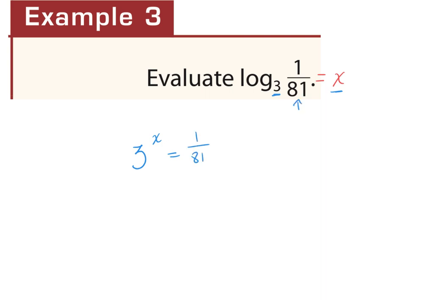Now I'm going to say, what power do I take 3 to, to get 81? 4. However, I want 81 in the denominator. So how do I tell it in exponential form to put it in the denominator? Negative. So x equals -4.